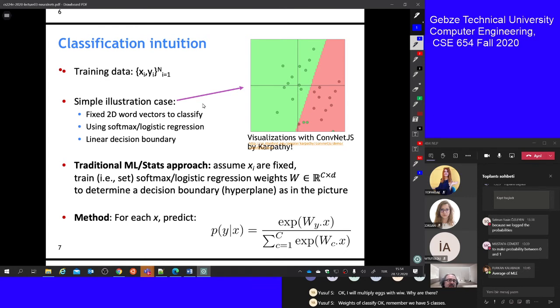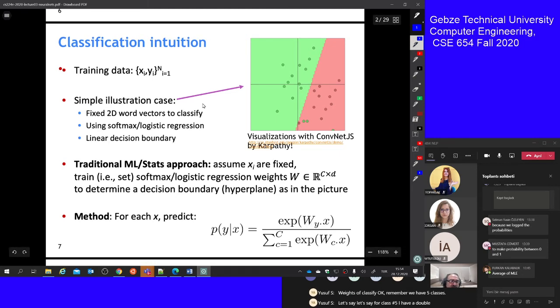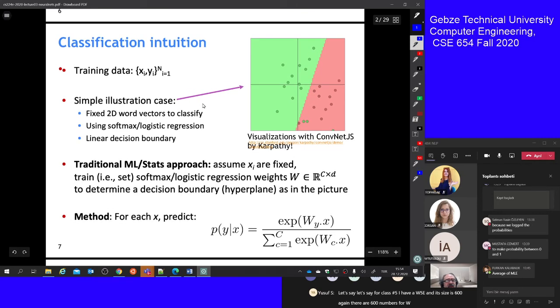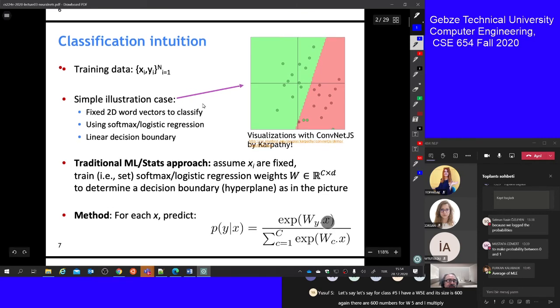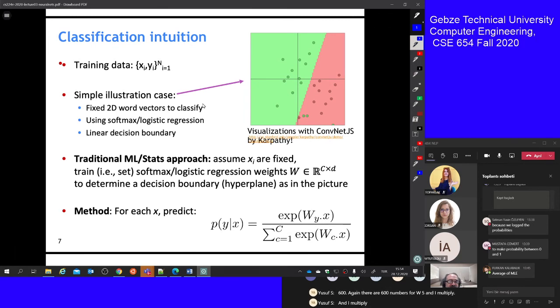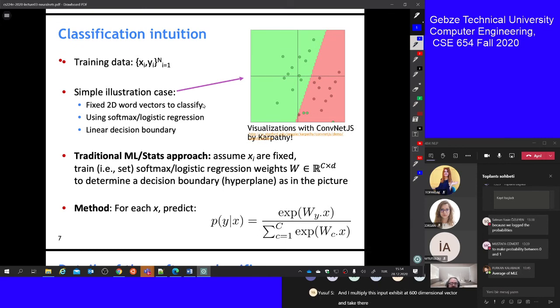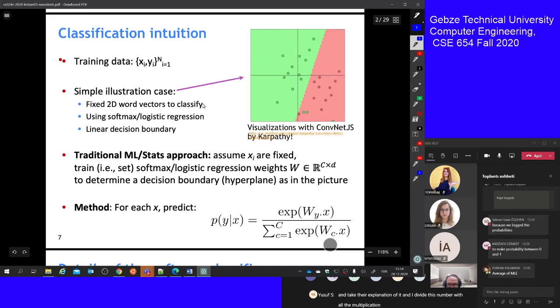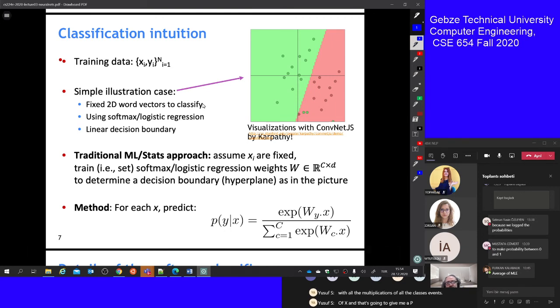Let's say for class number 5, I have a W5 and its size is 600 again. I multiply this input X with that 600 dimensional vector and take the exponential of it. And I divide this number with the sum over all the classes of the exponentiated products of X with the class weights. That's going to give me P of Y given X, the probability of Y.